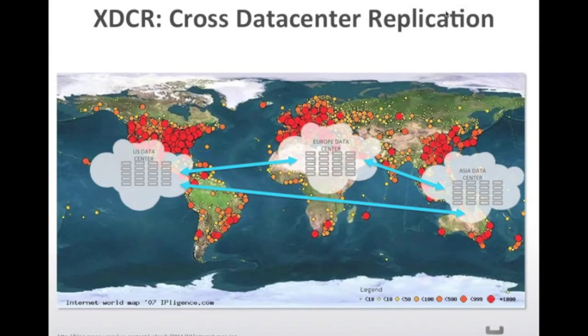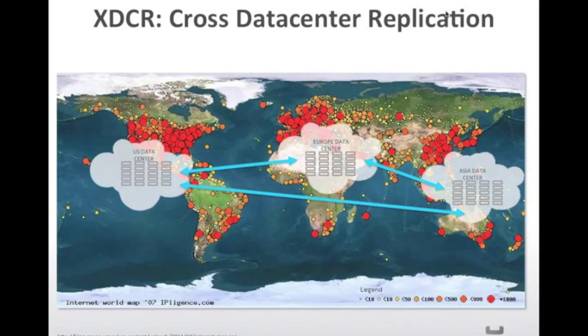All right, now we come on to the XDCR, which is the cross data center replication. And we use the term cross data center replication quite a bit, but an accurate way to describe what this is basically, it's replication between Couchbase clusters.